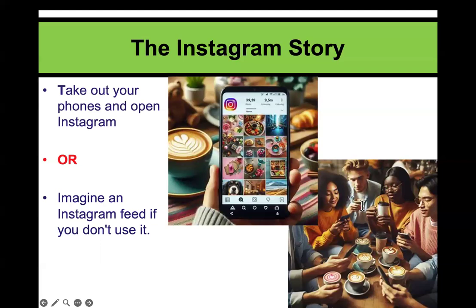Now, as you do this, think about what patterns you have noticed, what stories are being told by those who posted the pictures, how people are presenting themselves, and what goes unsaid but is implied in the posts or pictures that they have posted.